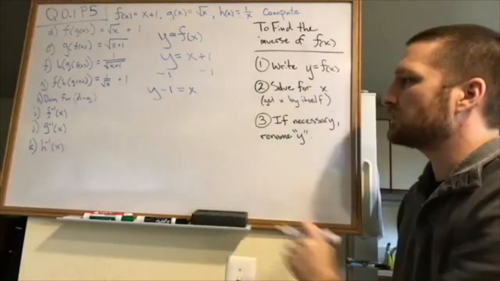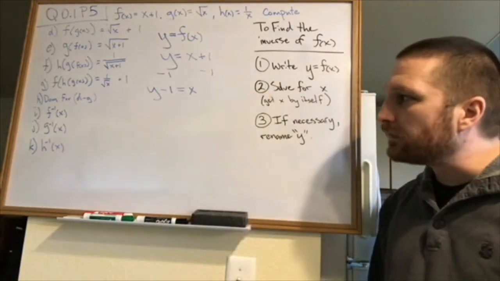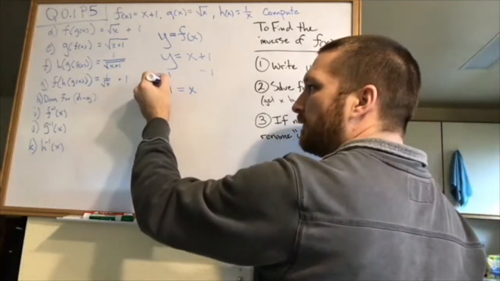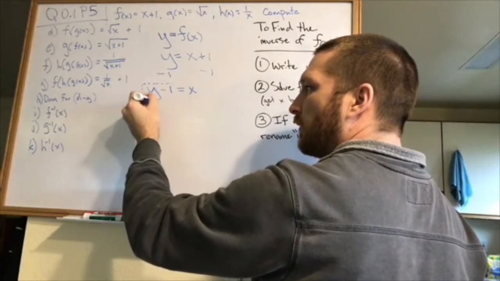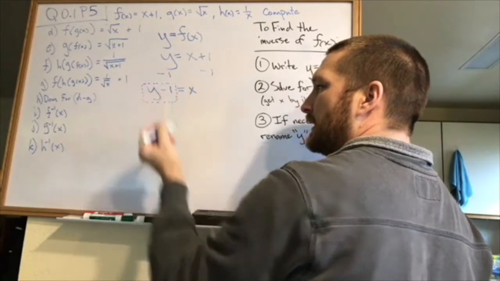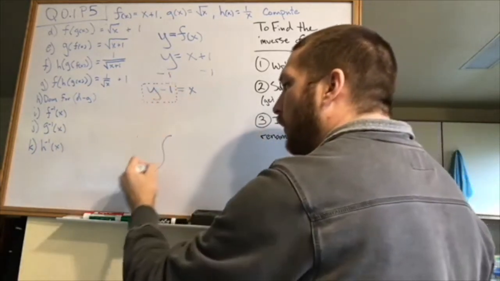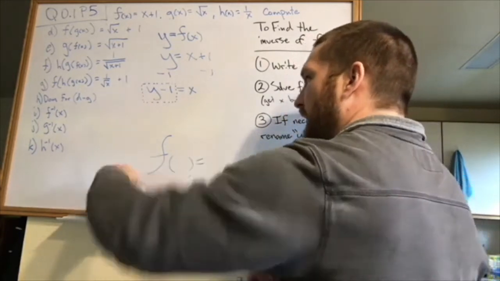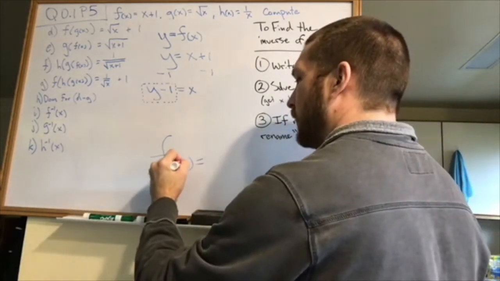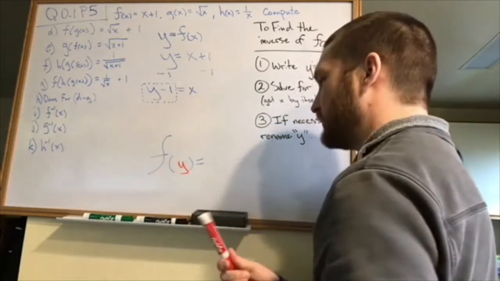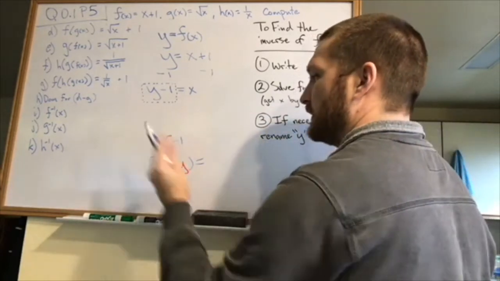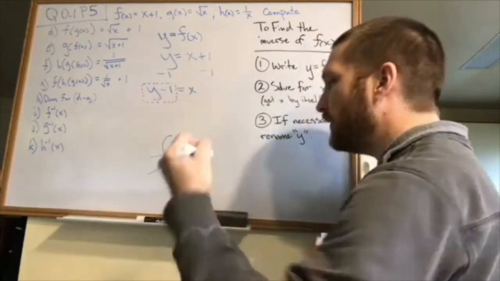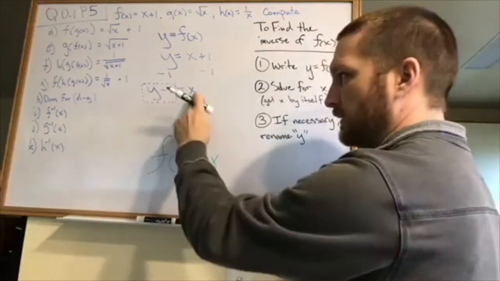Okay, we have solved for x. We've gotten x by itself. Well now, this right here, this is that formula that you're looking for. That is, given any output y, this formula tells you how to find the original input x right there.